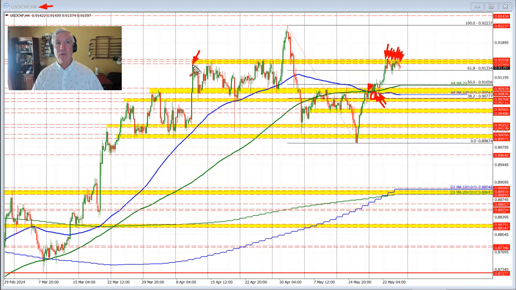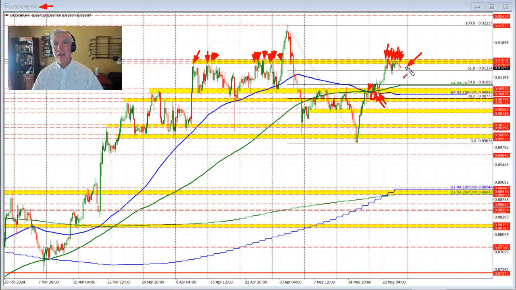Those swing highs formed this ceiling for the dollar versus Swiss between 0.9145 and 0.9156. The inability to get above that level adds to the level's importance going forward. If we can't get above the ceiling, then the price has to move lower.